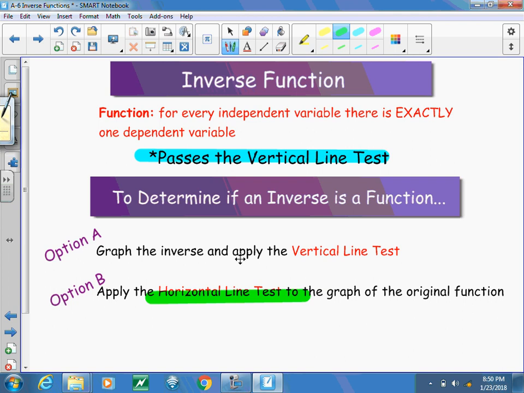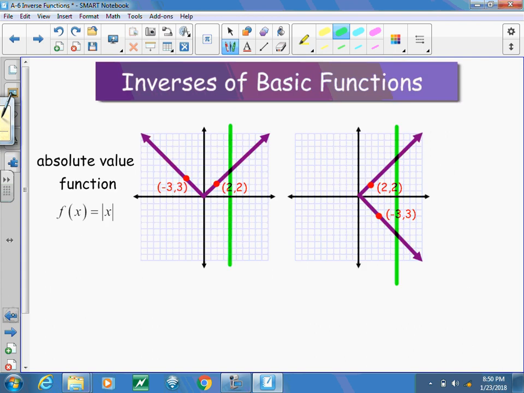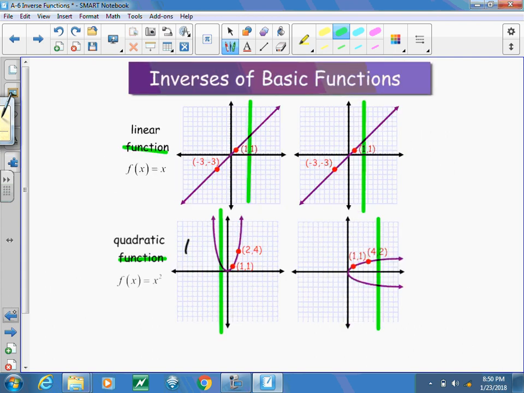Or rather than having to graph out the inverse, you can look at the original function and apply what's called the horizontal line test. If I were to go back to some of these graphs right now, and this time do a horizontal line test to the original function, notice it passes here, and that means that the inverse is a function.